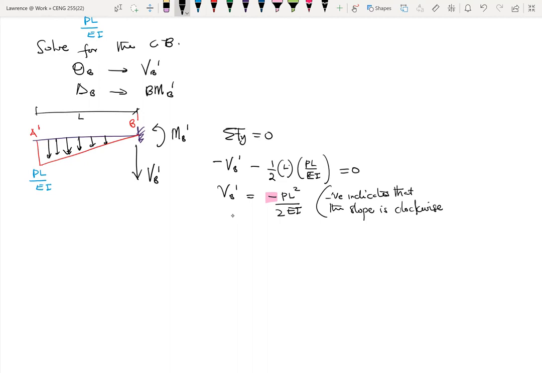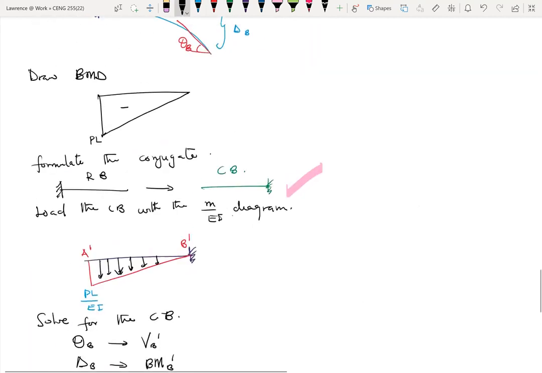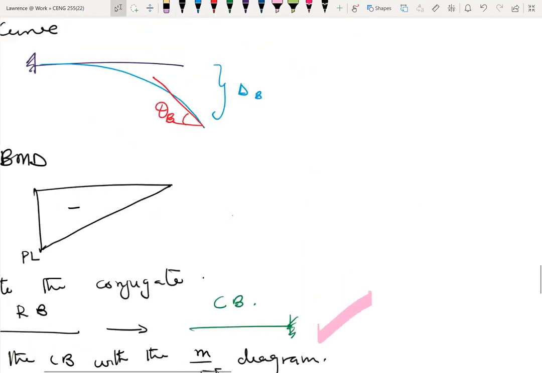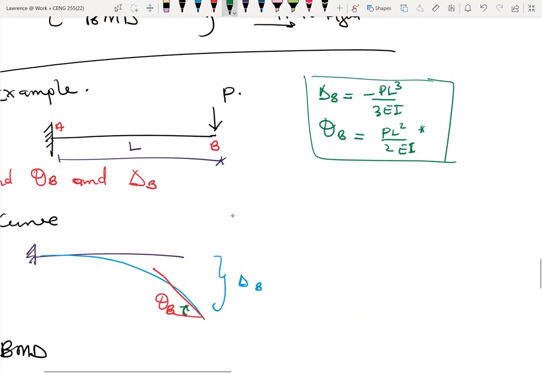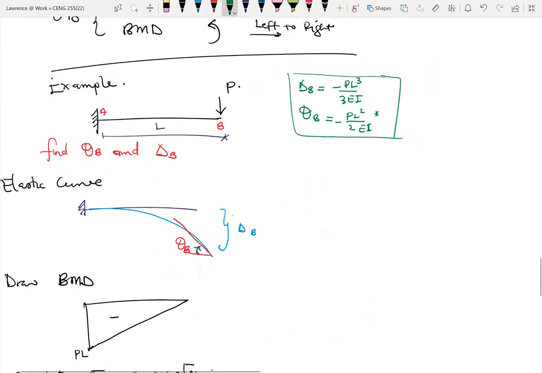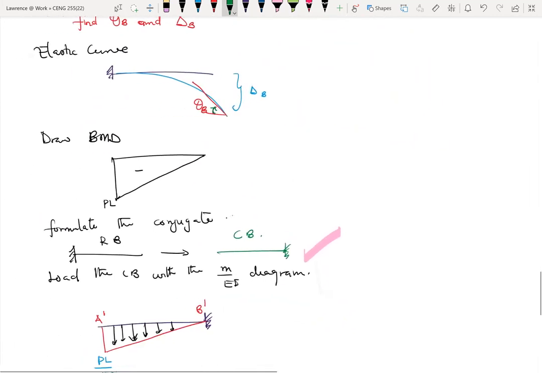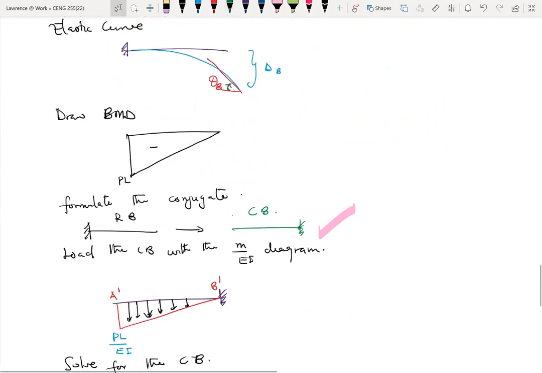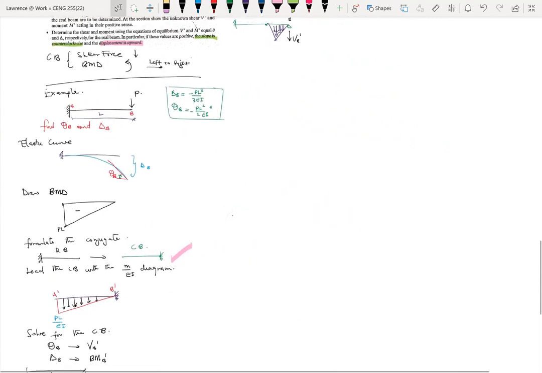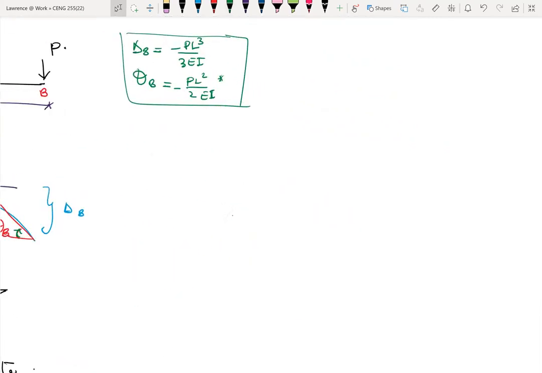Clockwise in the sense that if you go back to my curve, then it means that the slope is measured in this direction. It's measured in the clockwise direction. That's all there is to it. Okay. So I think, as I mentioned, that there'll be negative in front of this. So we can see that our answer is the same. All right. Whatever we got for the moment area method is the same for the conjugate beam method.